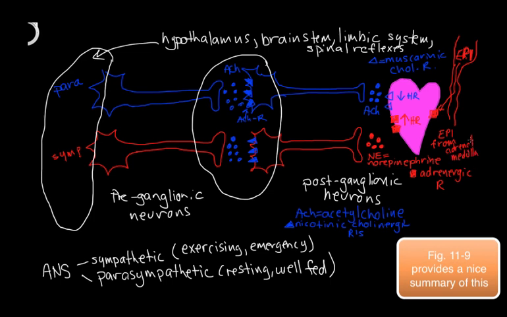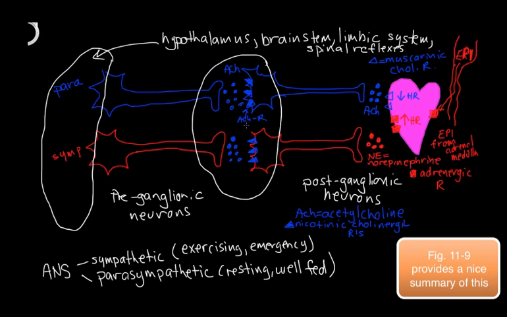Okay, a couple things that we need to point out is we have a couple of different synapses here. We've got a synapse between the preganglionic neuron and the postganglionic neuron, and we have a synapse between the postganglionic neuron and the target tissue, which in this case is the heart. And so we need to make sure we're clear about what's going on at the synapse.